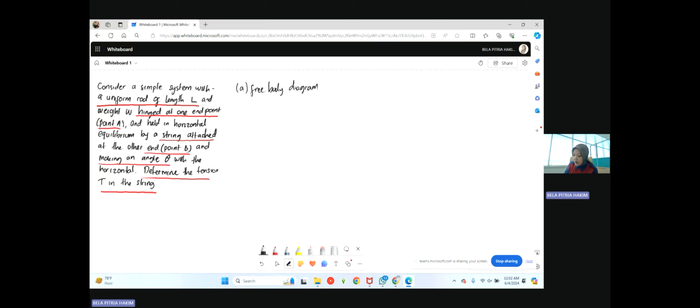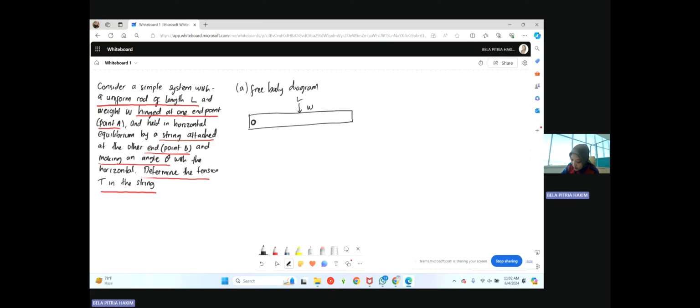So imagine we have a beam of length L, which is being given an external force, which we call the weight.